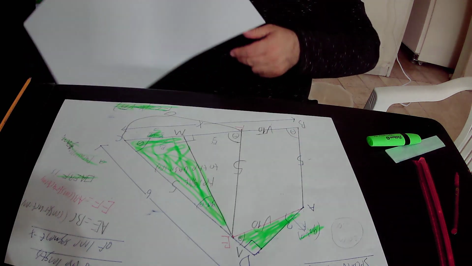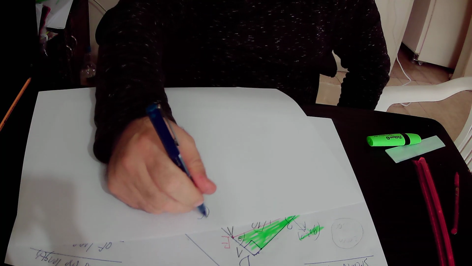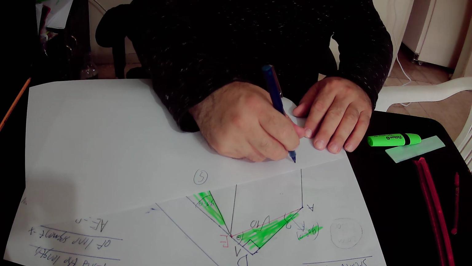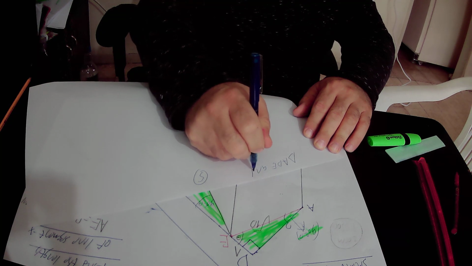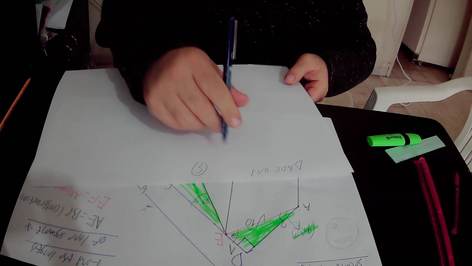Okay? So we prove that the right triangle ADE is similar to the right triangle EMC.